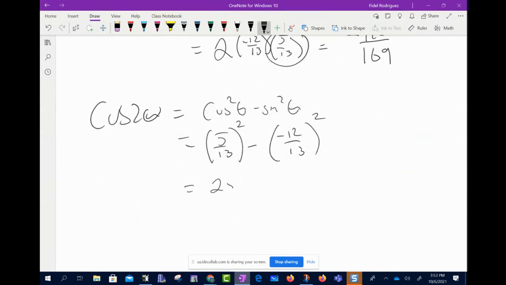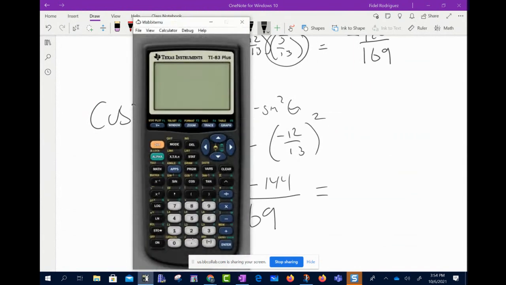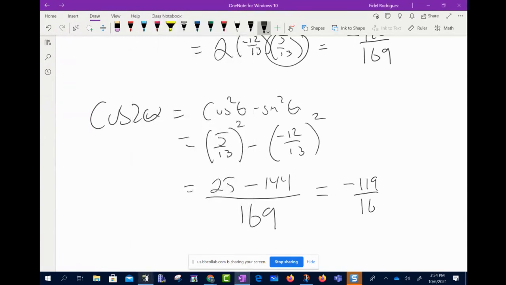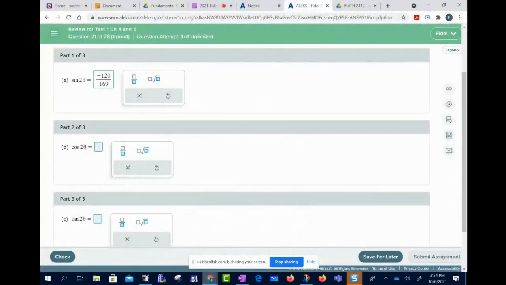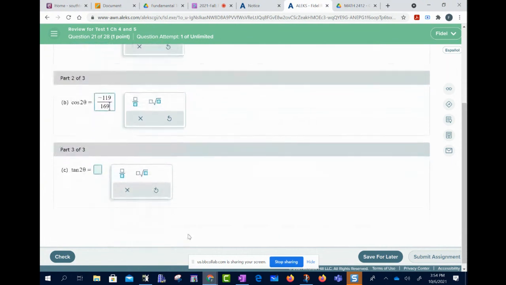That's 25 minus 144 all over 169. So what's 25 minus 144? Negative 119, thank you very much, over 169. So we'll write negative 119 over 169. And then we got one more.